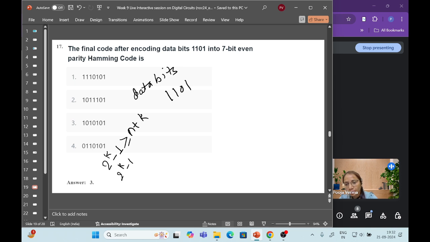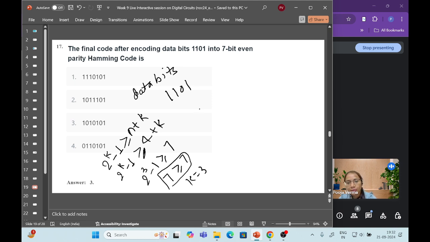So 2 to the power k minus 1 is greater than or equal to 4 plus k. If we put k is equal to 3, then that condition is satisfied: 2 to the power 3 minus 1 is 7, and 7 is equal to 7. So k is equal to 3, which means we need to add 3 parity bits.